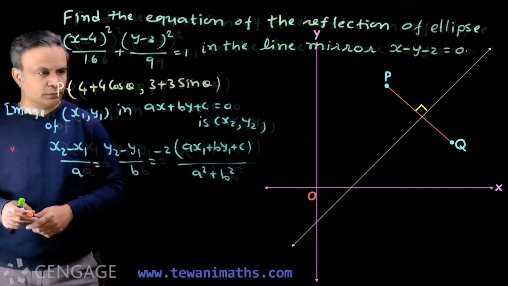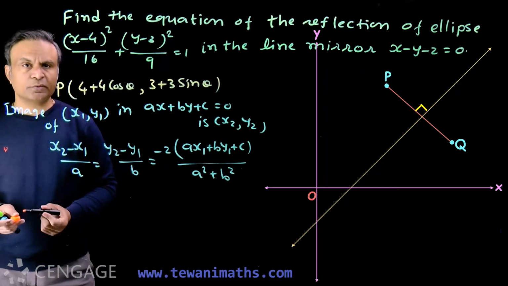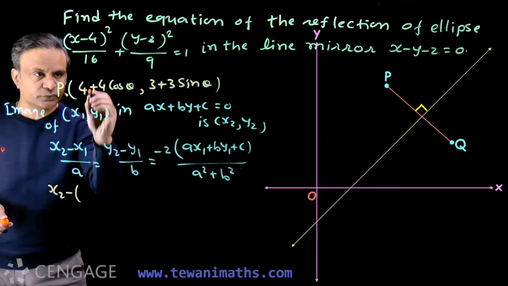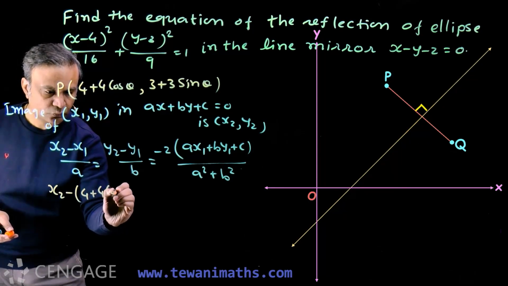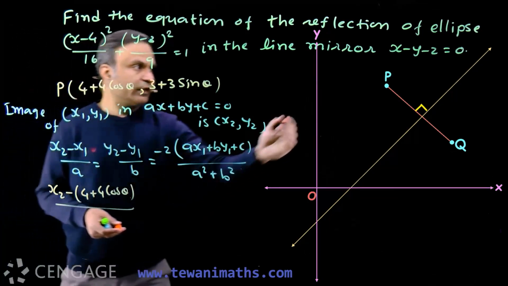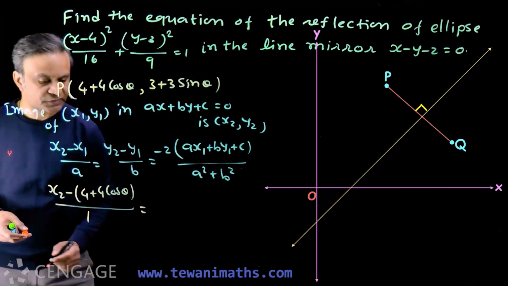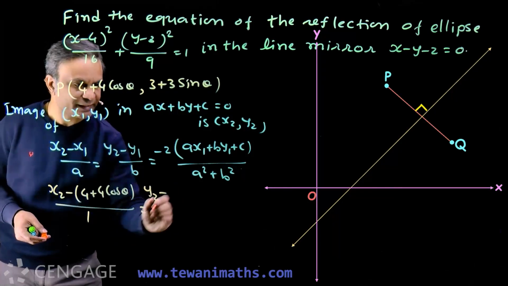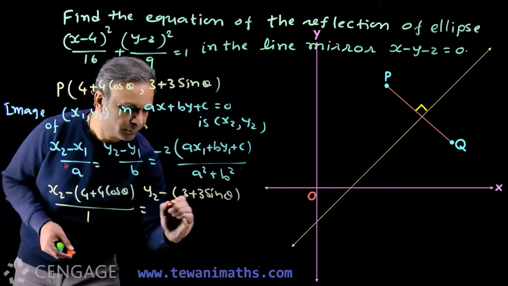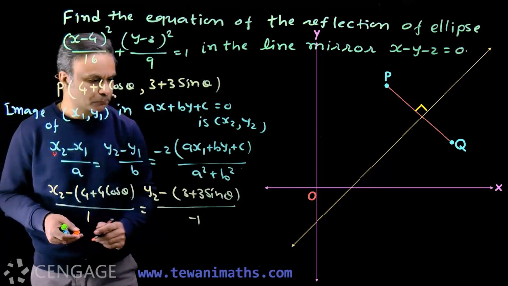ठीक है ना? Now suppose reflection of this point in this line mirror has coordinates x2 comma y2. So we have x2 minus 4 plus 4 cos theta upon coefficient of x. We have this equation for line mirror. So coefficient of x is 1. This is equal to y2 minus 3 plus 3 sin theta upon coefficient of y which is minus 1. Okay.